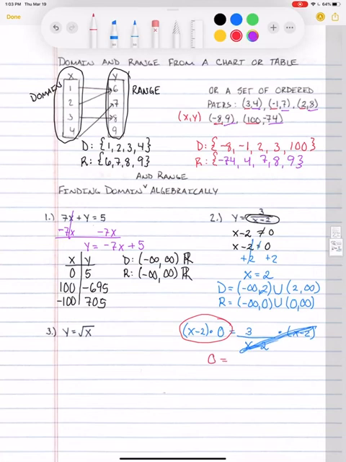So I would have 0 equals 3, and 0 does not equal 3. This would be a no solution. That's why 0 is not included in here. So our y value cannot equal 0. That's why our range is what it is. Okay, just a little bit of explanation there.